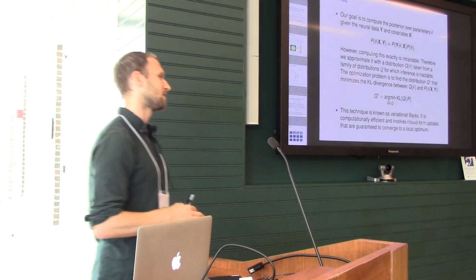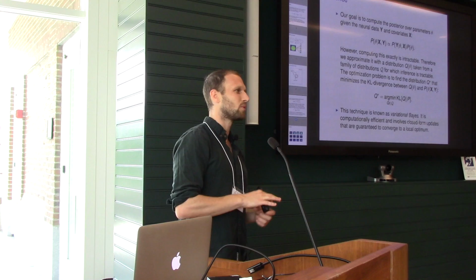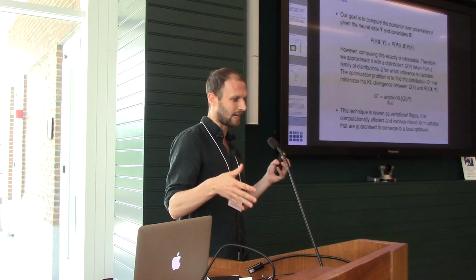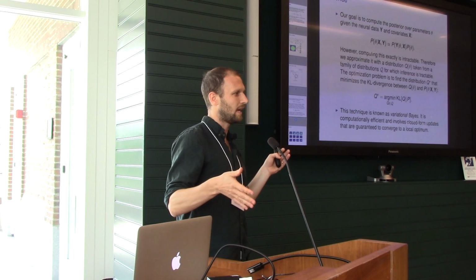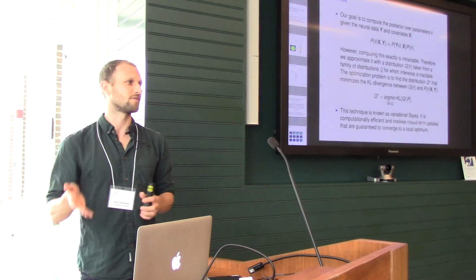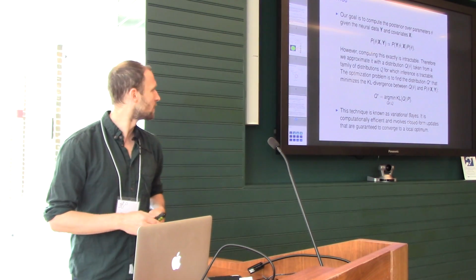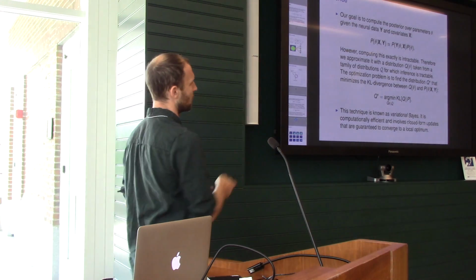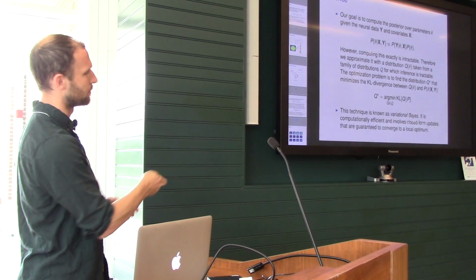And I spent a long time reading really boring linear algebra texts to figure out how to do this efficiently, to the point that I could run all these things on my laptop, and it's almost as efficient as just fitting a GLM. Okay, and this is just for the connoisseurs out there, this is known as variational Bayes. This is a variational optimization problem.